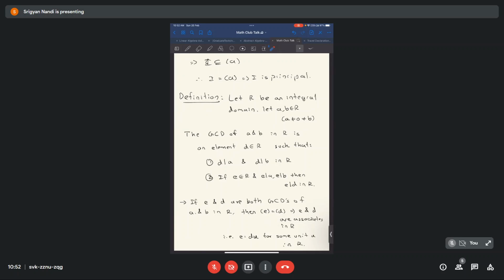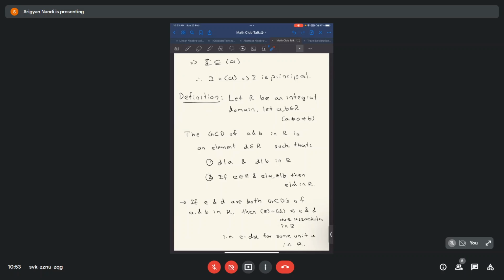Let A and B be any two non-zero elements in R. Then we define the greatest common divisor of A and B, similar to elementary number theory over the integers, to be an element D such that D divides both A and B in R, and if E belongs to R and E divides A and E divides B, then E should divide D in R. So this is the exact same two definitions that we use for the integers. It has just been generalized to any arbitrary integral domain.